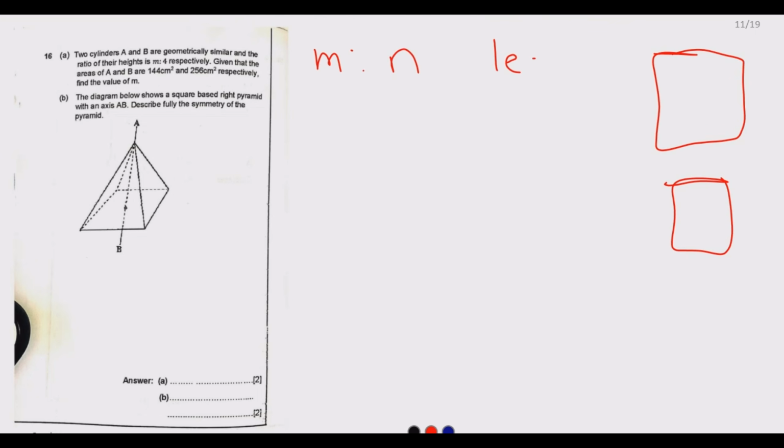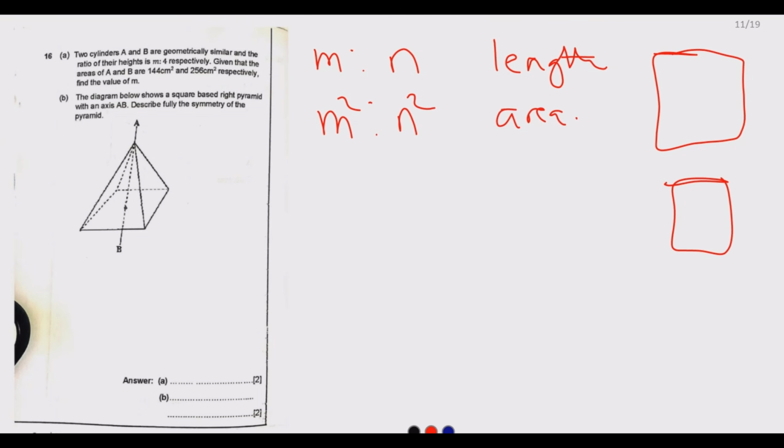So the principle that we apply here is, if we have two shapes whose ratio of lengths is m to n, then the ratio of their areas will be the square of these sides.